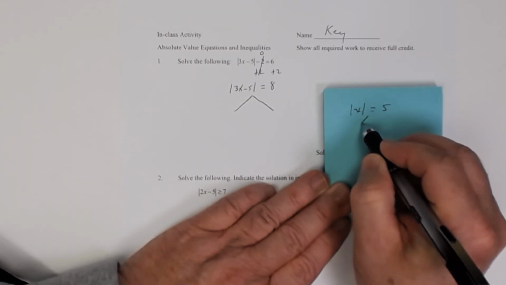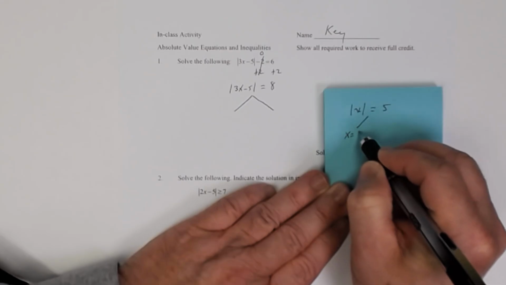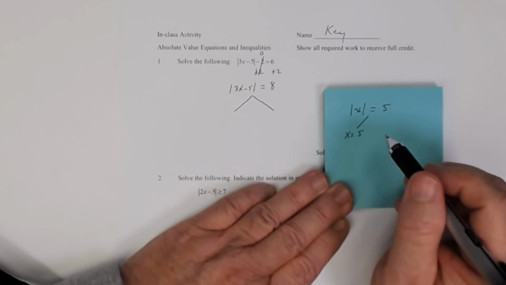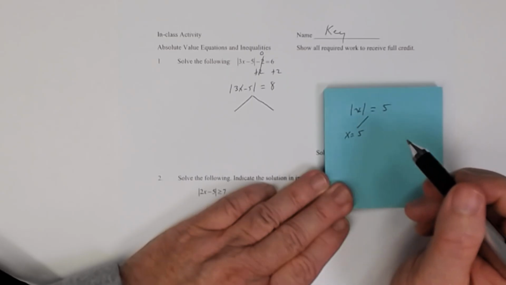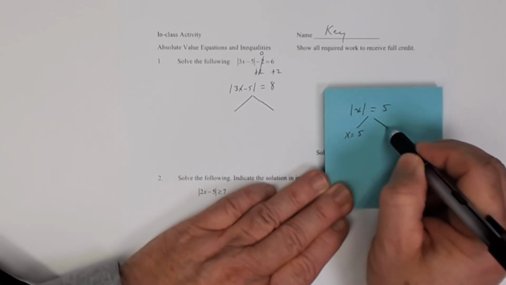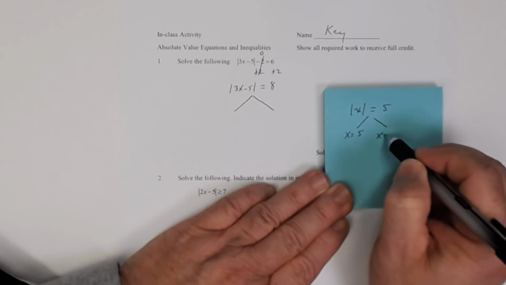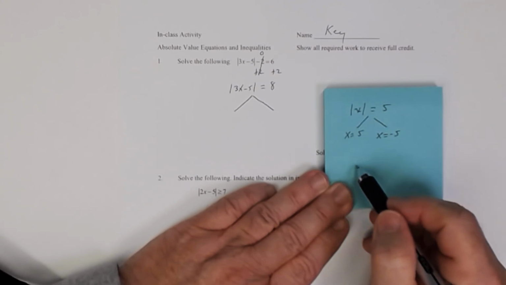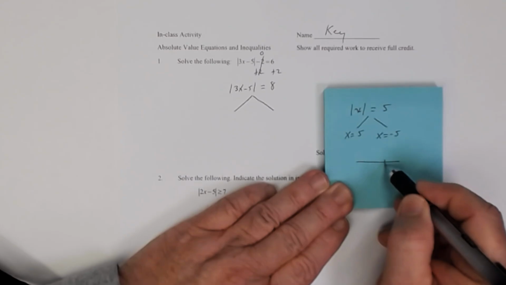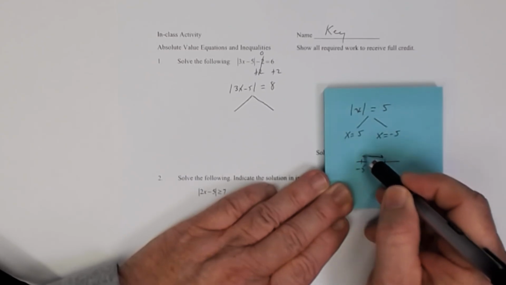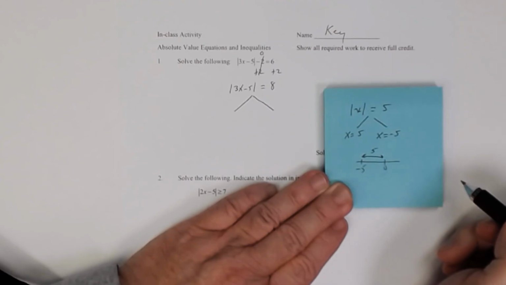Well, one of the solutions is x must equal 5, because the absolute value of 5 is 5. 5 is 5 units from 0. The distance from 0 is 5. The other one is that the absolute value of negative 5 is also 5, because on the number line, here's 0, here's negative 5, that distance from 0 is also 5.